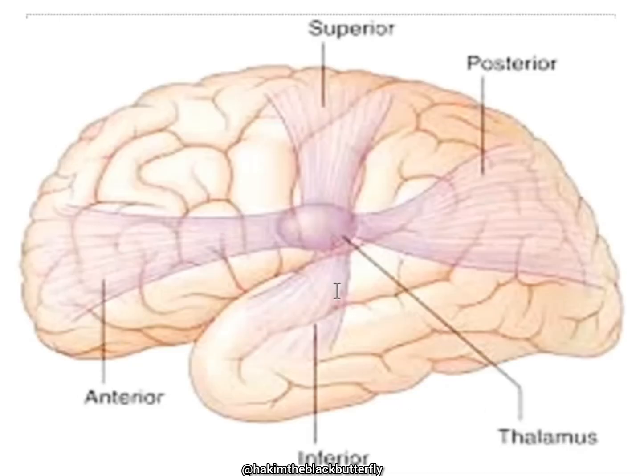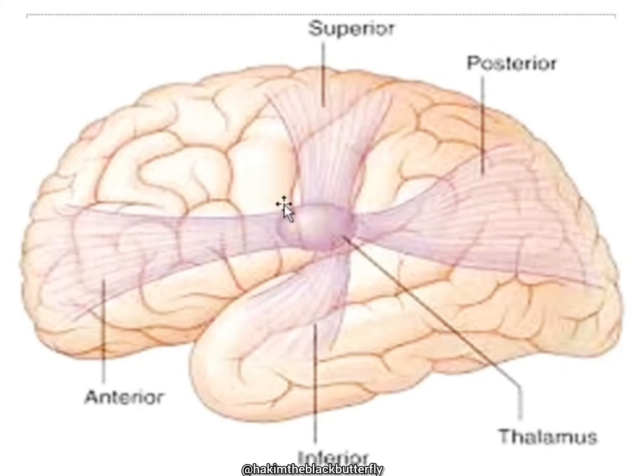Let's go back, let's look at the information. This is our thalamus. And we said that the thalamus receives information from different parts of the central nervous system, and then transmits that information to the different areas of the cerebral cortex, depending on the function of that sensation.